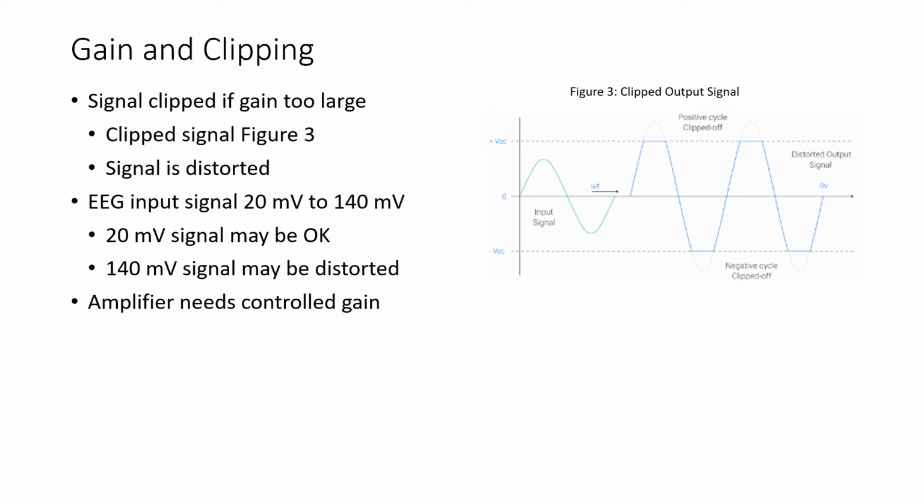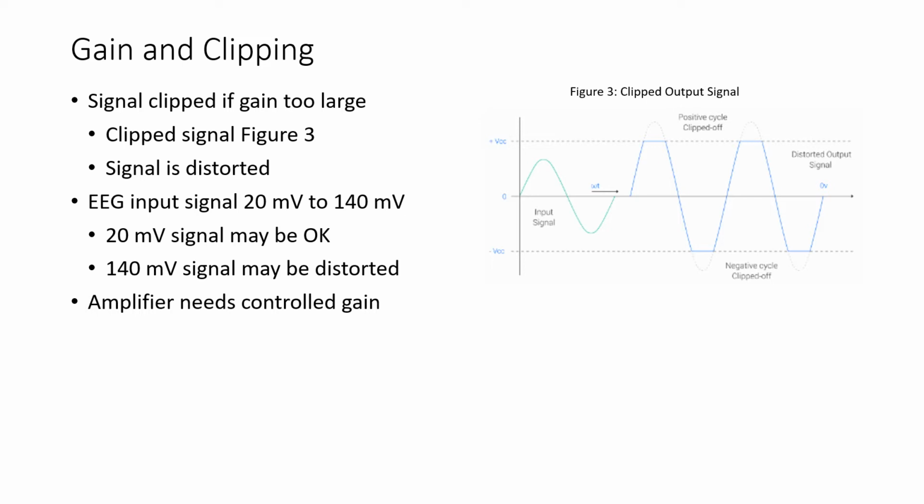Now, an issue that comes along with some amplifiers is what happens if the voltage gain is too large or if the input signal is too large. In Figure 3, we see an example of an input signal and a clipped output signal.